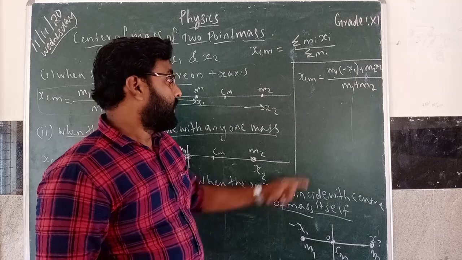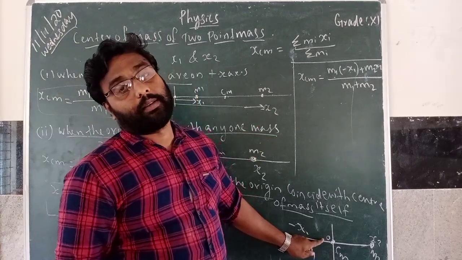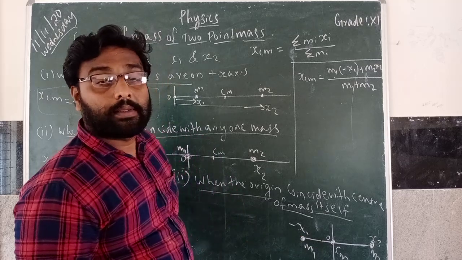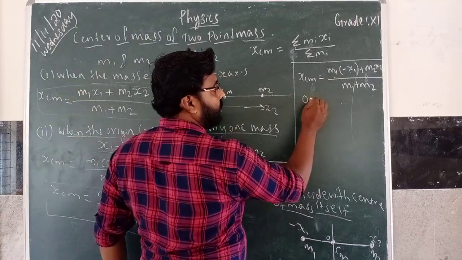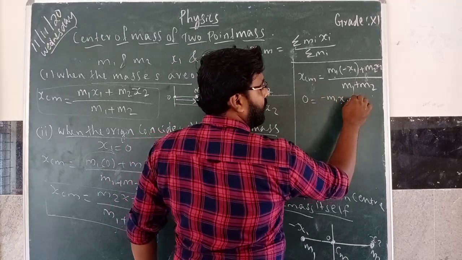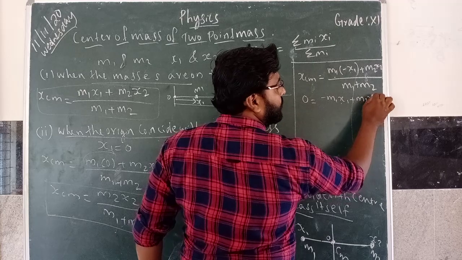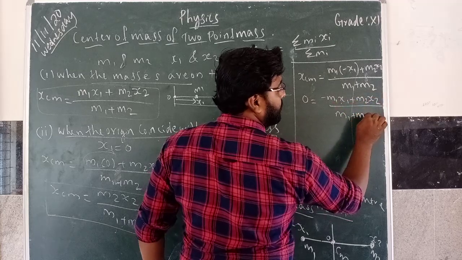Now you see, center of mass is at the origin. So center of mass is at the origin means center of mass is 0. So 0 equal to minus m1 x1 plus m2 x2 by m1 plus m2.